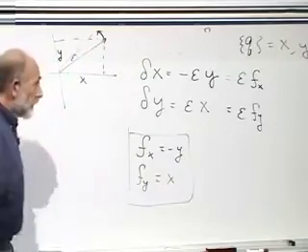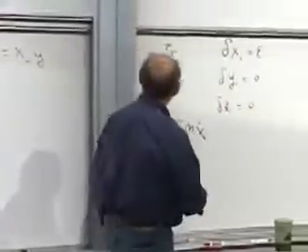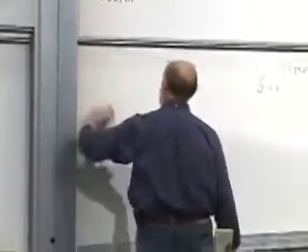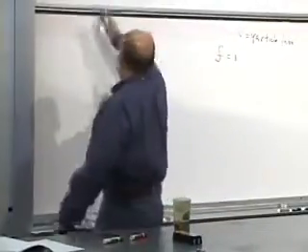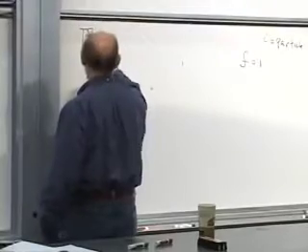Now let's work out the Noether charge. Where did we have it? Here it is, right here. Let's work it out. It's the sum over the two coordinates of pi times fi.